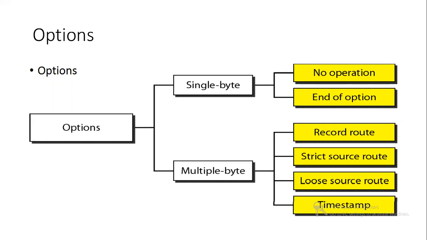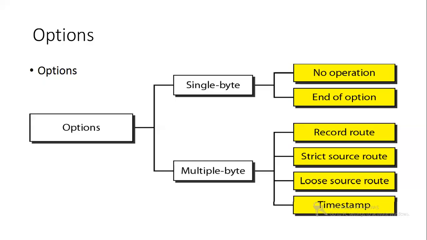The time is expressed in milliseconds from midnight, universal time, or Greenwich Mean Time. Knowing the time a datagram is processed can help users and managers track the behavior of the router in the internet. We can estimate the time it takes for a datagram to go from one router to another.